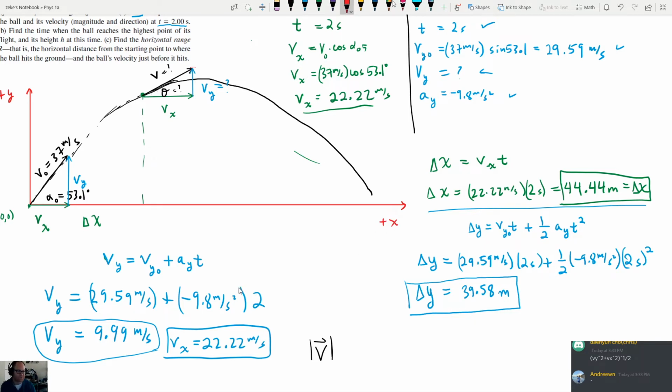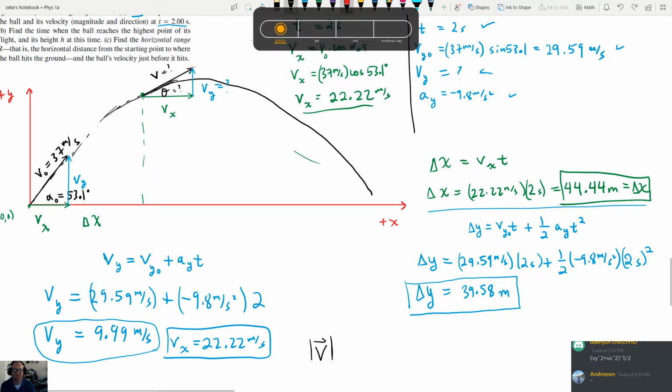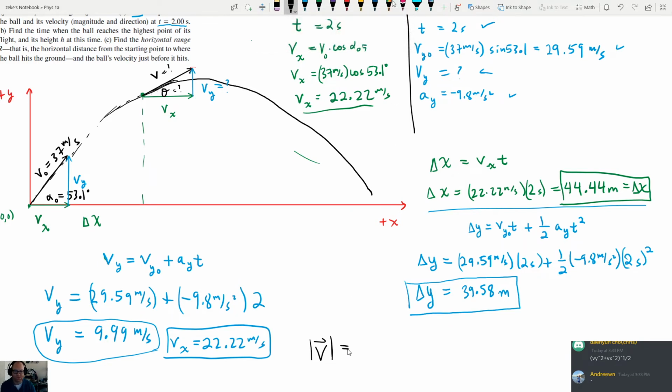Yeah, that's right. You basically use the Pythagorean theorem. We can say that the magnitude of the velocity vector is going to be equal to the square root of Vx squared plus Vy squared.